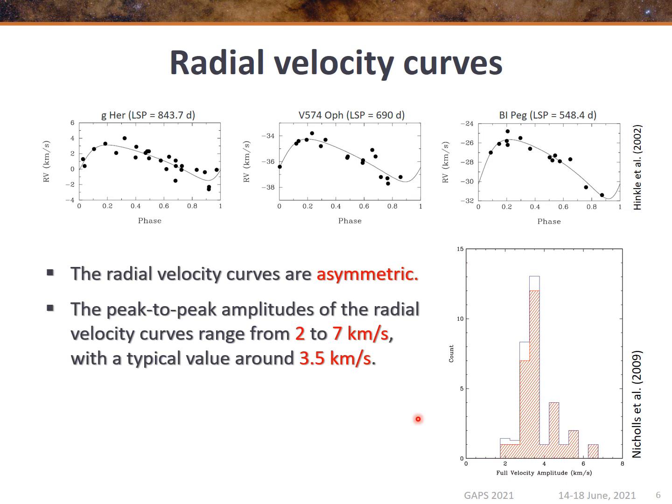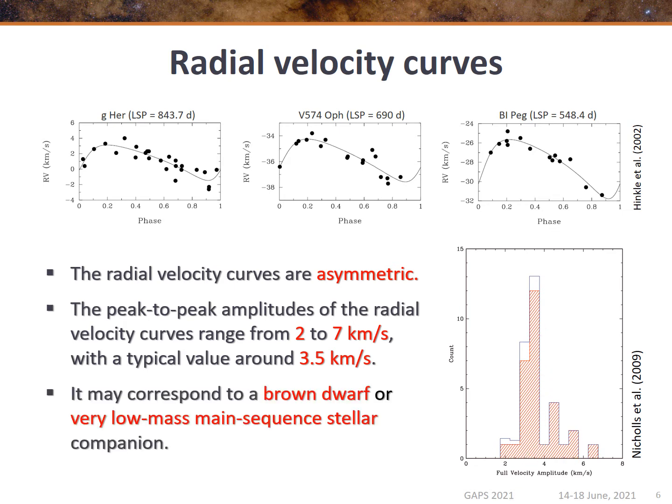The full radial velocity amplitudes range from 2 to 7 km per second, with a clustering around 3.5 km per second. Assuming the binary explanation of the LSP phenomenon, it would correspond to a brown dwarf or a very low mass main sequence star companion.